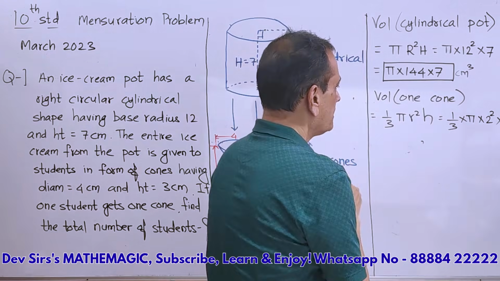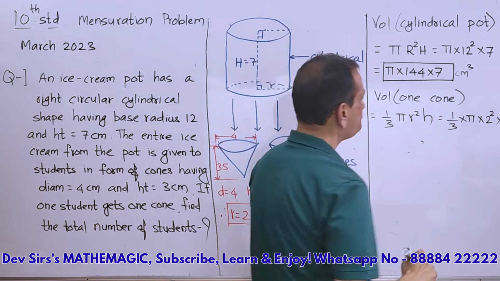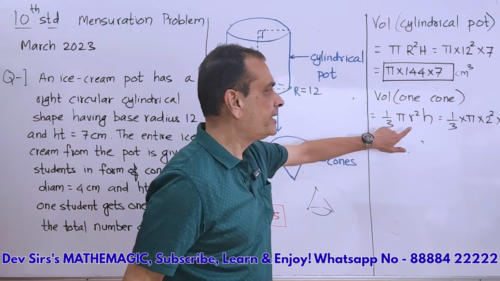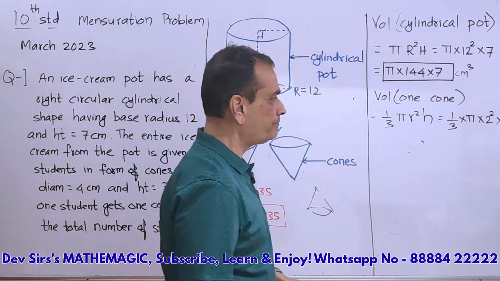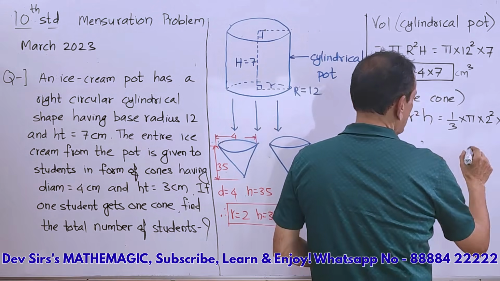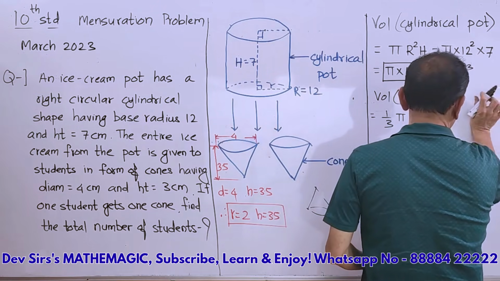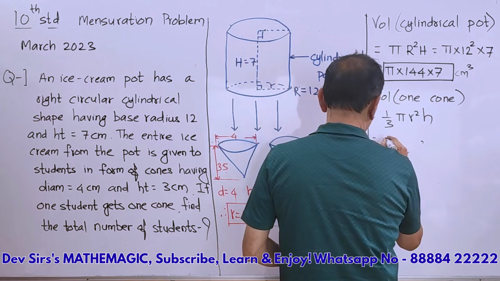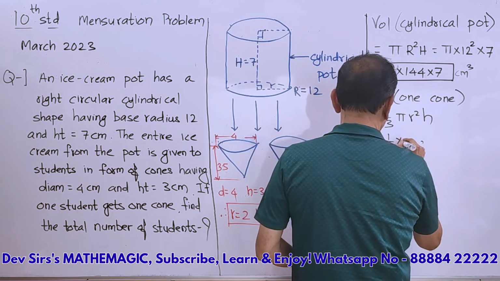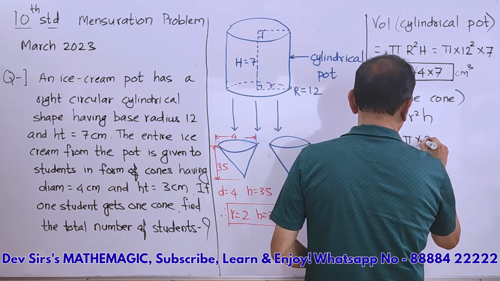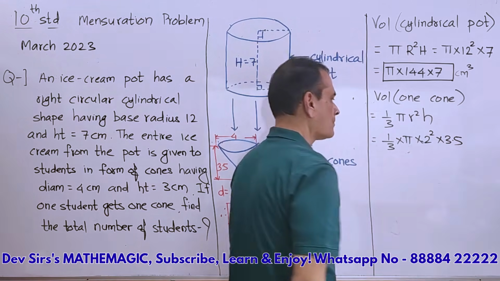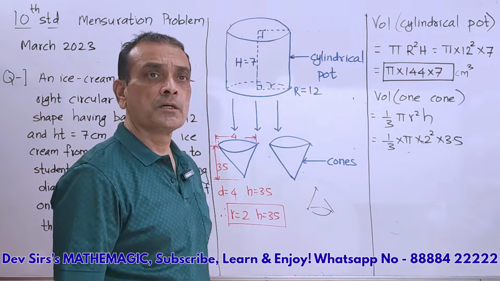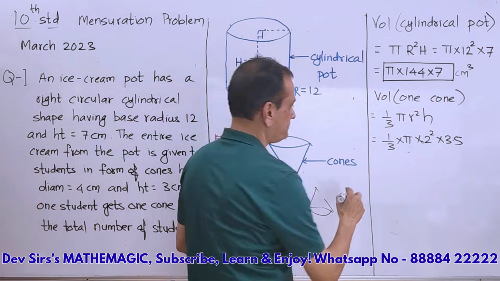Okay, one third pi into 2 squared into h. Height is 3.5. So I'll write here. Okay, so what do you get?